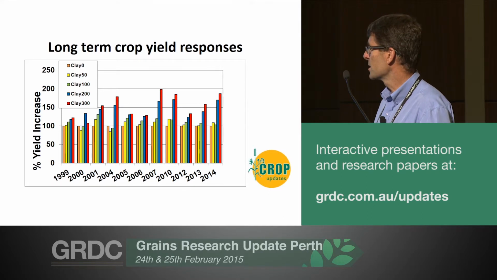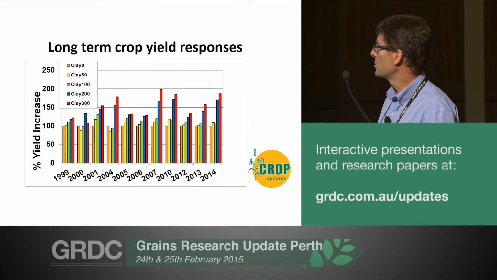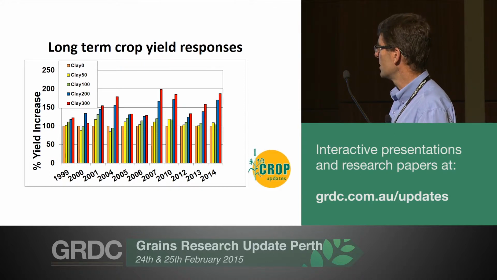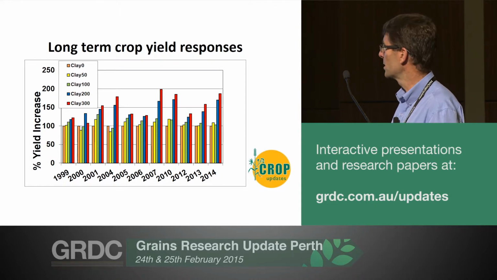The first thing to notice is that we go from 0 tonnes per hectare of clay up to 300, and you can see in virtually every year there is a step up in production. I've got it in terms of percent yield increase over the control, so the control will always be 100%. In last year, we were probably looking at about 0.7 tonne per hectare yield increase over the control.